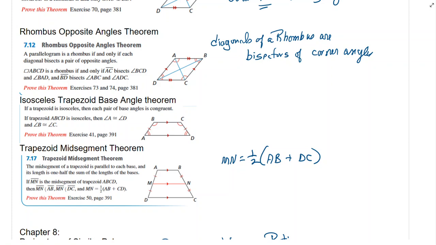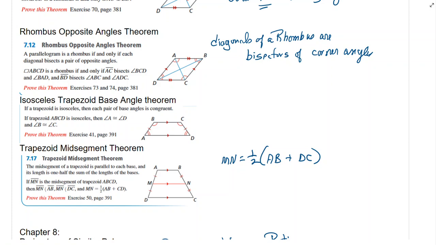The next two on Chapter 7 are specific, and they are the isosceles trapezoid base angle theorem and the trapezoid mid-segment theorem. These two theorems tell us that if it is isosceles, meaning that two sides are congruent, then the base angles and the top angles are congruent to each other.